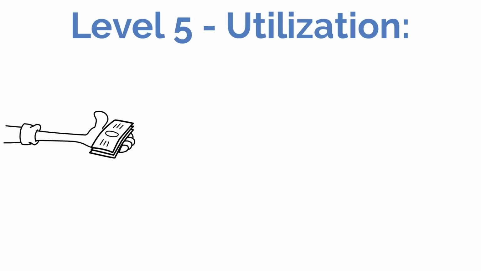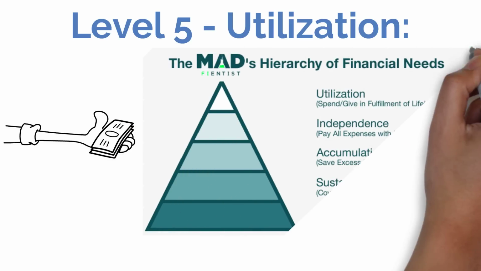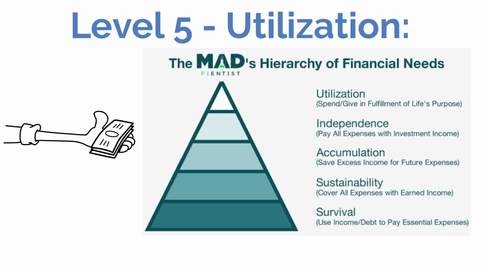So that's the hierarchy of financial needs, as laid out by the Mad Fientist. You start off with survival, where you're meeting your essential expenses either with your income or with the help of debts. Then you move on to sustainability, where you're able to meet all of your regular ongoing expenses with your income alone. Next, you start the process of accumulation, where you have enough income after your expenses are already covered to put money away, either in savings, investments, or both.